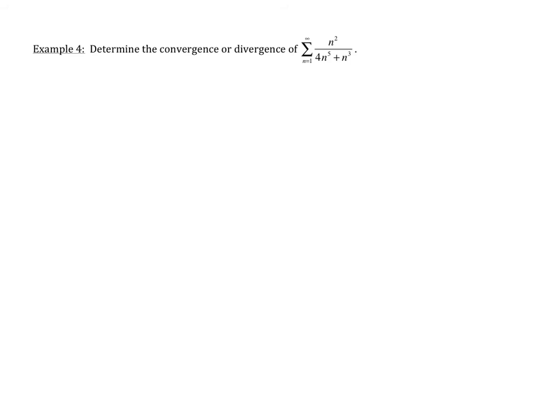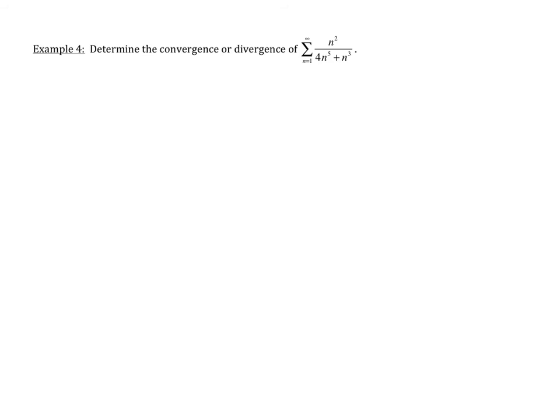So we want to determine the convergence or divergence of n squared over 4n to the 5th plus n cubed as n goes from 1 to infinity. Okay, this looks a little different because all the ones we've done so far have just had a 1 up there in the numerator, and this one now has an n squared.